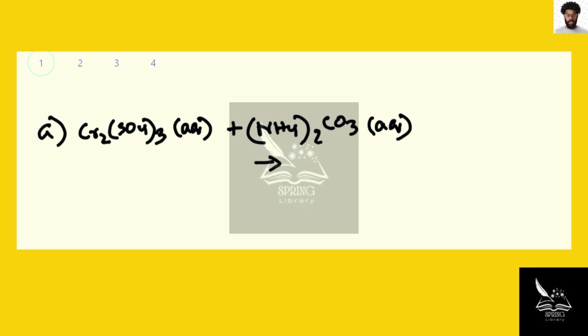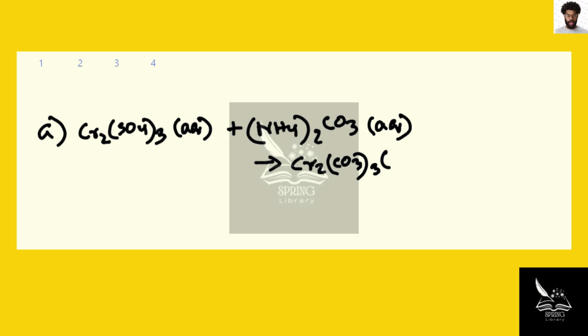So the products of this reaction will be chromium carbonate, which is Cr2(CO3)3.